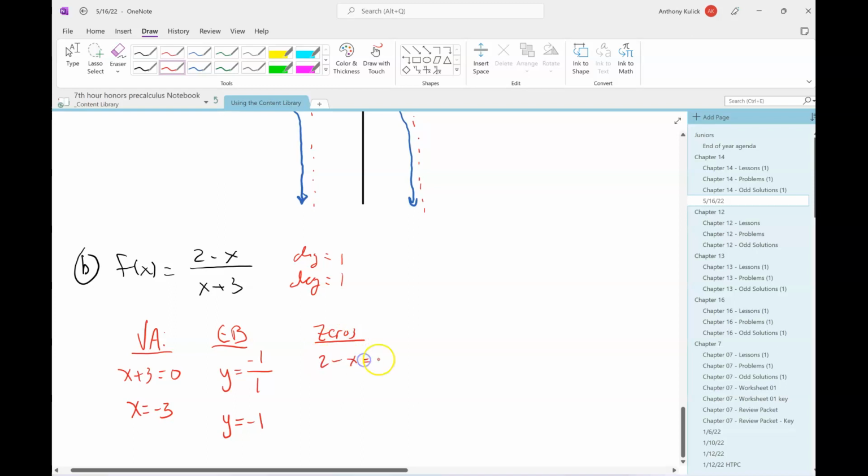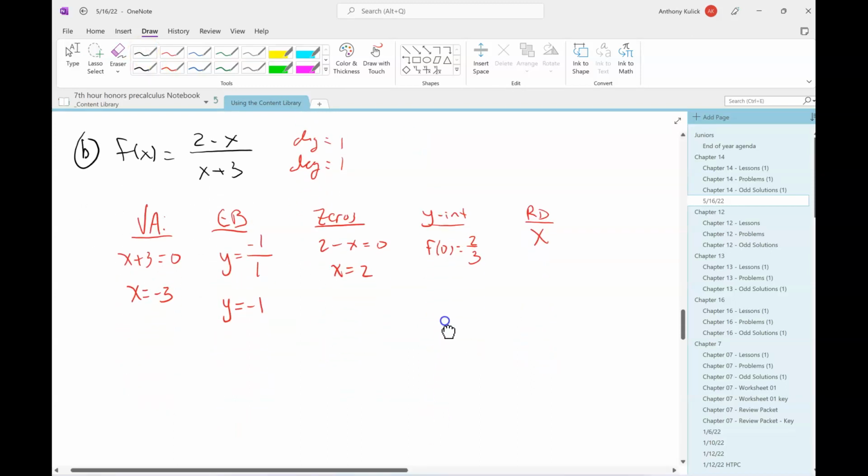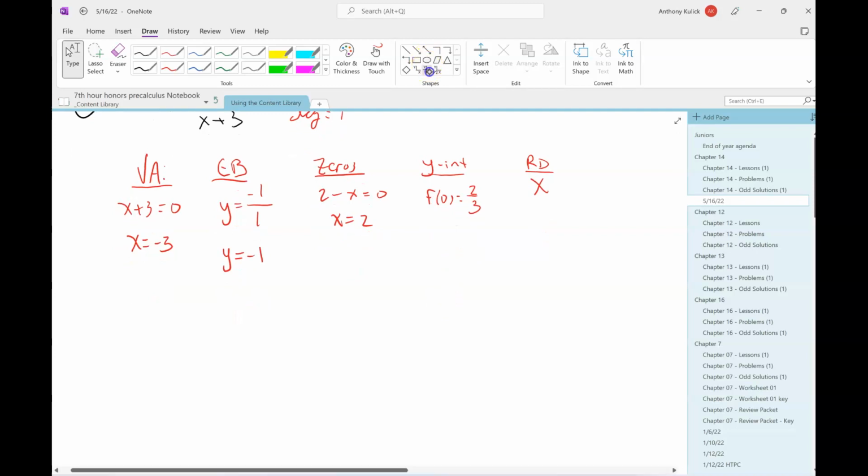To find the zeros, I take the numerator and set it equal to 0. The y-intercept, I'm just going to plug 0 in. Gives me 2/3. And again, no reducing, no removable discontinuity. So now it's sketching time.